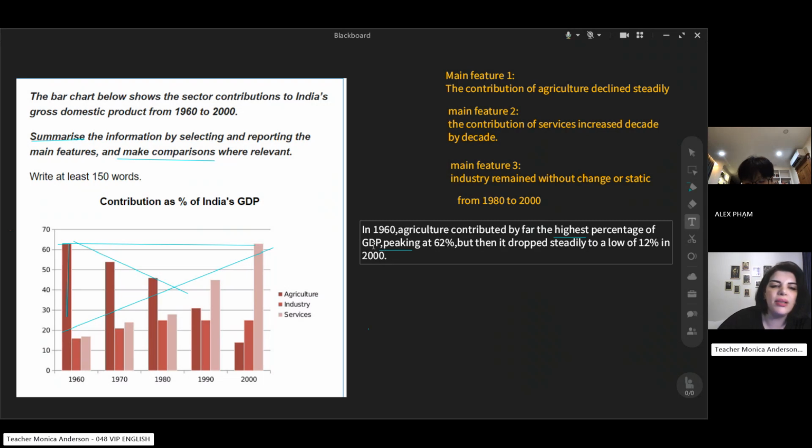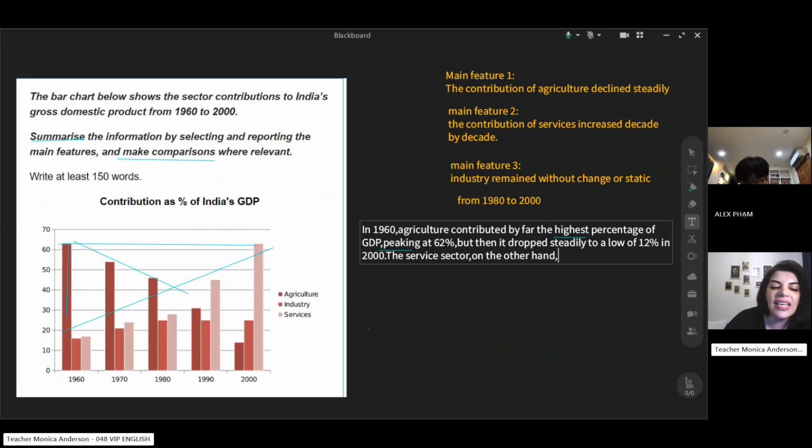And now this is the first one, but the service sector, on the other hand. Why do I say on the other hand? Because I want to make a comparison.